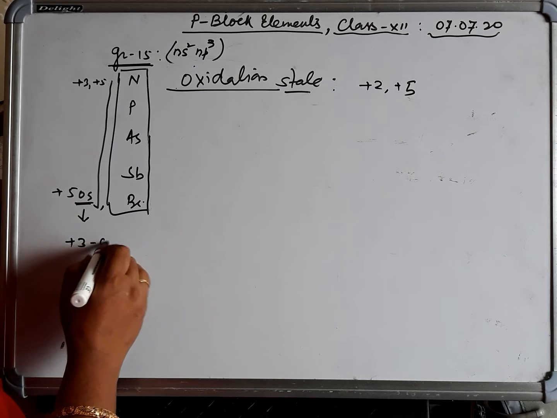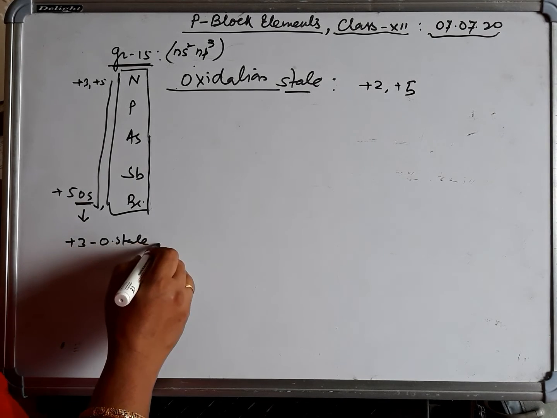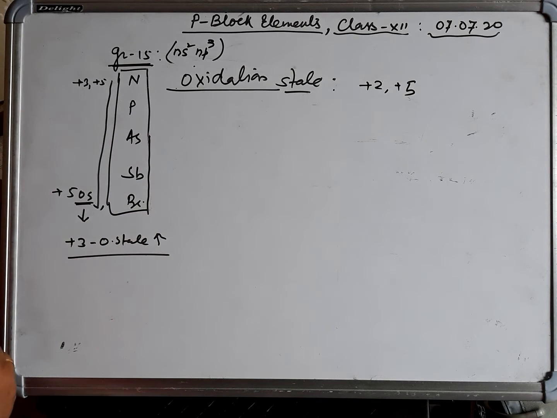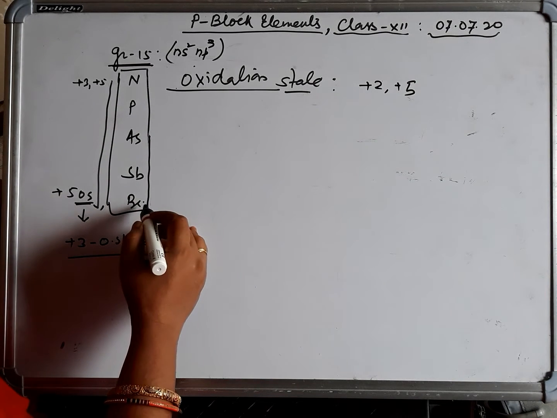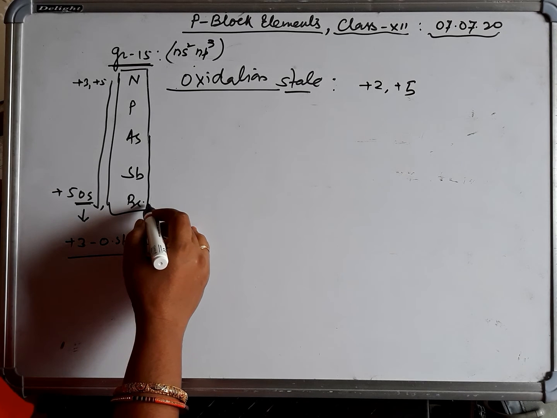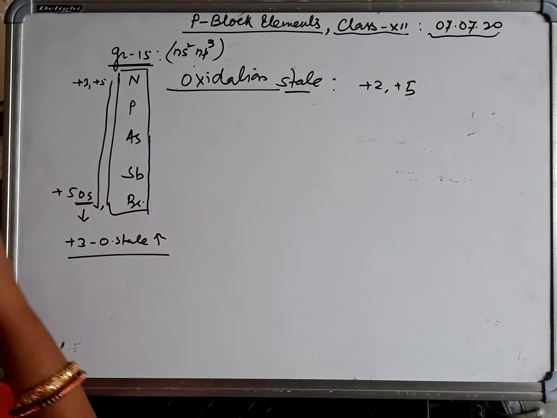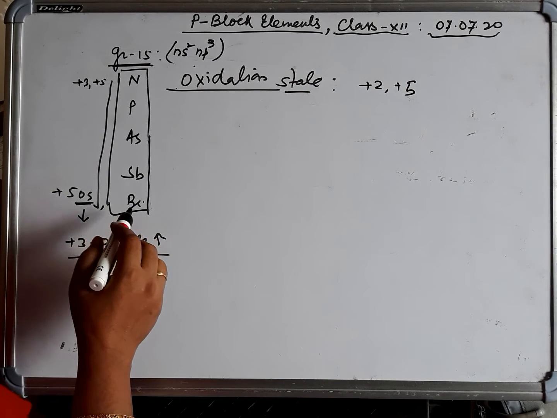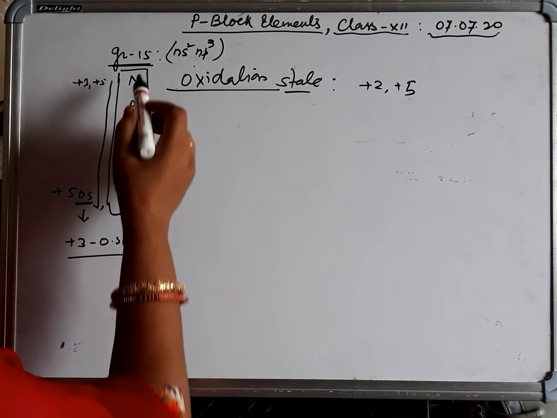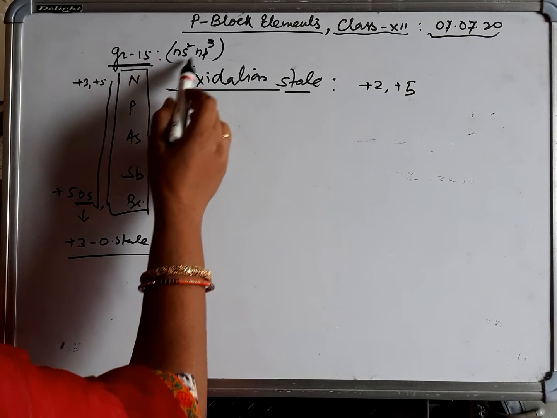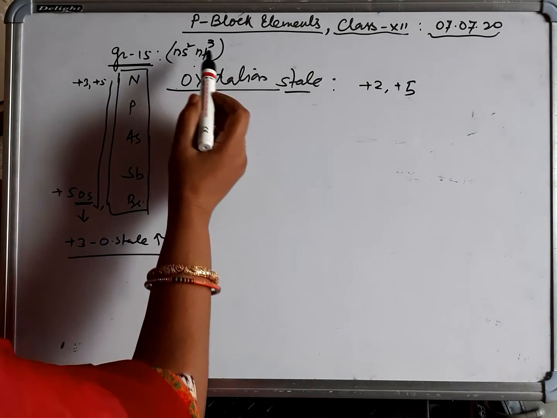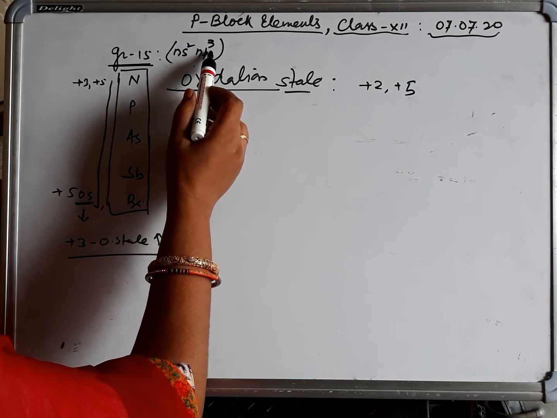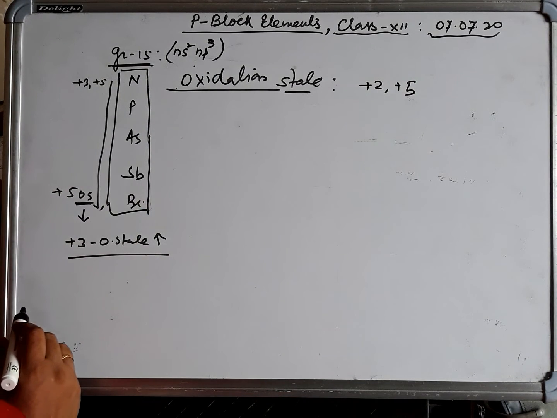Why? As the size of the atom increases, due to the inert pair effect, because here the entry of f orbital or d orbital electrons takes place. So there is a poor shielding effect, due to which the effective nuclear charge increases and the s electrons are not available for bond formation. In that condition they easily form compounds with the +3 oxidation state.